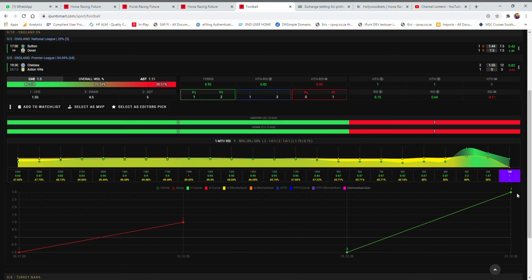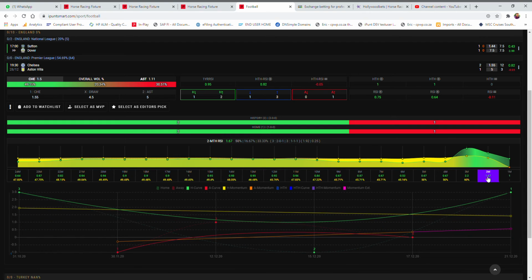West Ham 3-0 on its last game, where Aston Villa only lost to them 2-1 actually, so that's a huge difference. And that game, Wolves: Chelsea lost to Wolves 2-1 on the 15th of December, and on the 12th of December, Aston Villa beat Wolves 1-0. So that's why that dropped down to a 1.